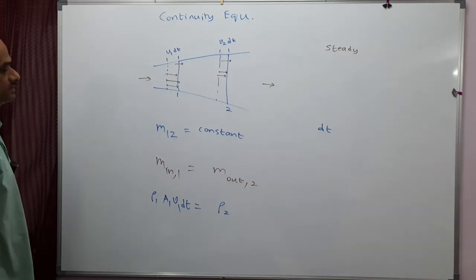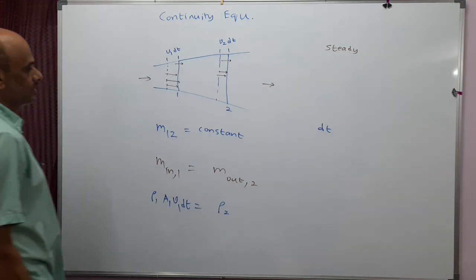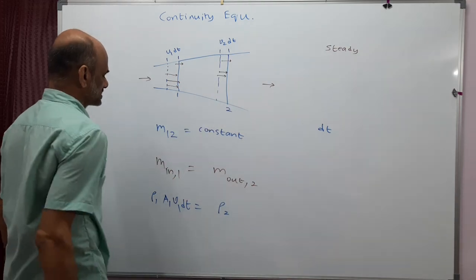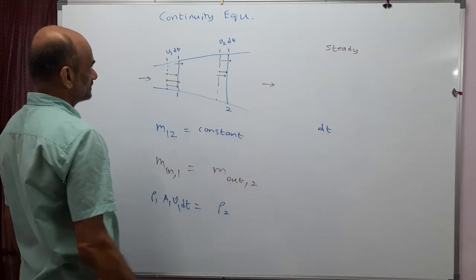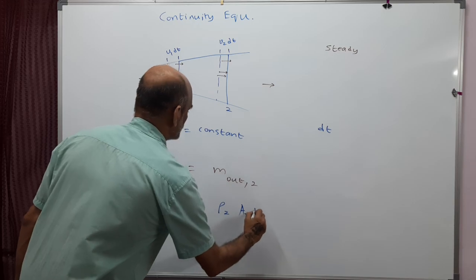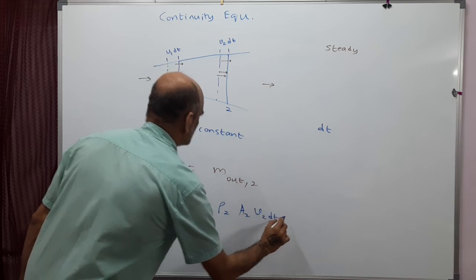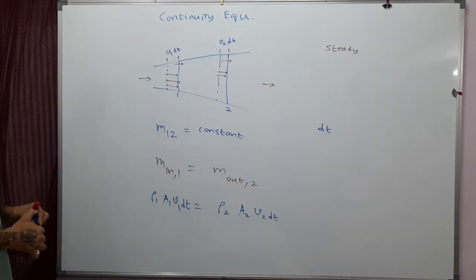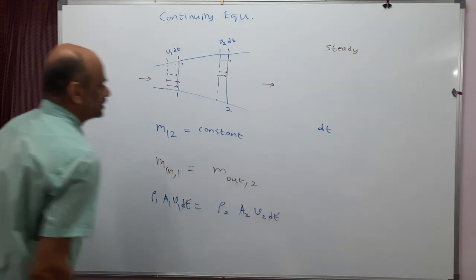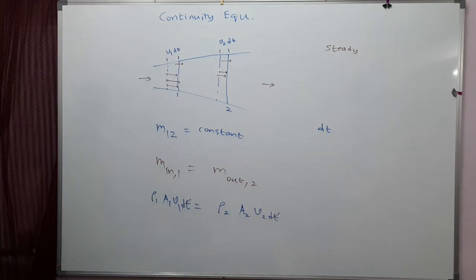Mass is ρ into V, where ρ is density and V is the volume. So the mass of this region is density times the volume of this region, which is approximately a cylinder, area of cross section A2 and height of the cylinder v2 dt. dt will cancel. So ρ1 A1 v1 equals ρ2 A2 v2.